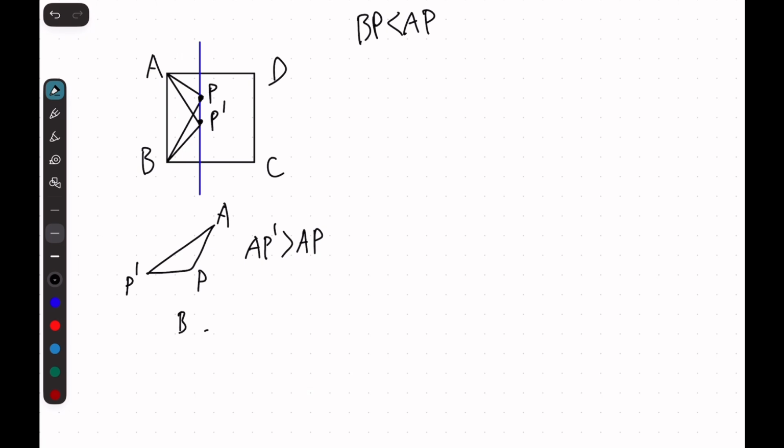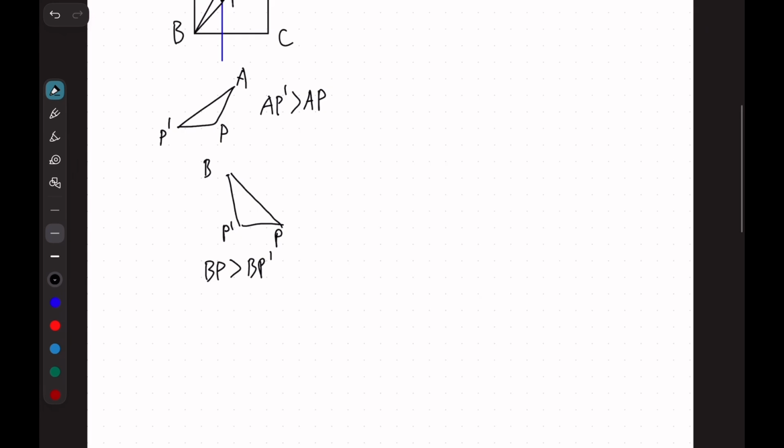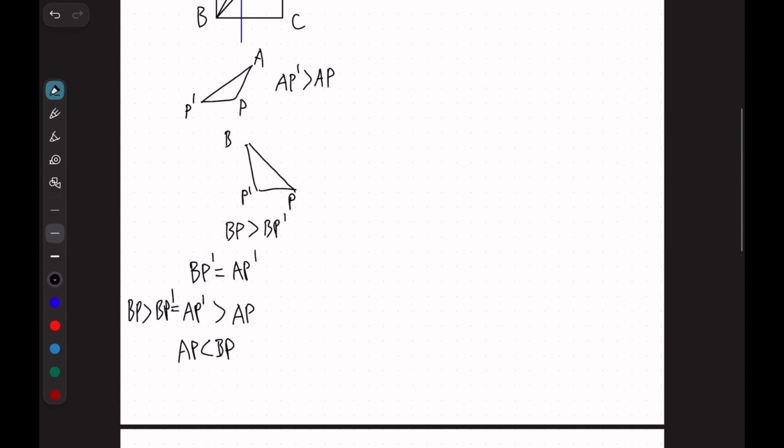If we draw BPP prime, it becomes like this, so BP is bigger than BP prime. However, since P prime is the midpoint, BP prime equals AP prime, which means that AP is smaller than AP prime, which is equal to BP prime, which is again smaller than BP. So AP is smaller than BP. Therefore, if P is above the midline, like this case, AP is smaller than BP, and if it's below, AP is bigger than BP.